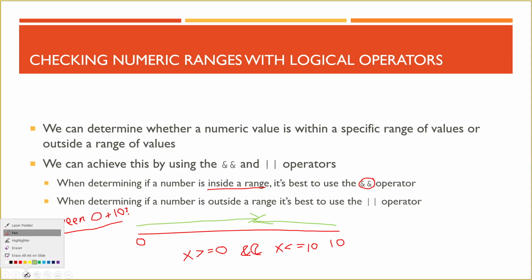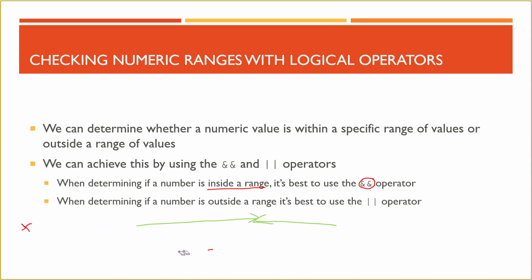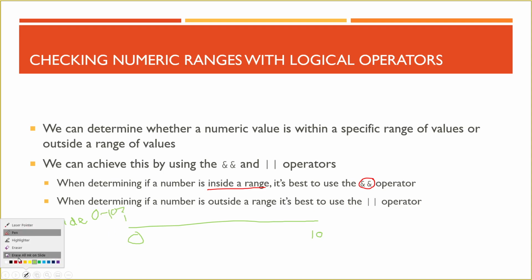Now let's ask the question, is x less than 0, or is x outside the range 0 to 10? So here's my number line again. Here's 0, here's 10. So now I want to say, is x outside the 0 to 10 range? And we'll just pretend like I can write legibly.